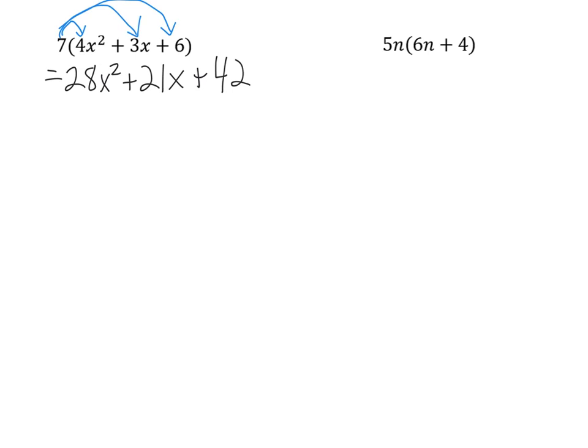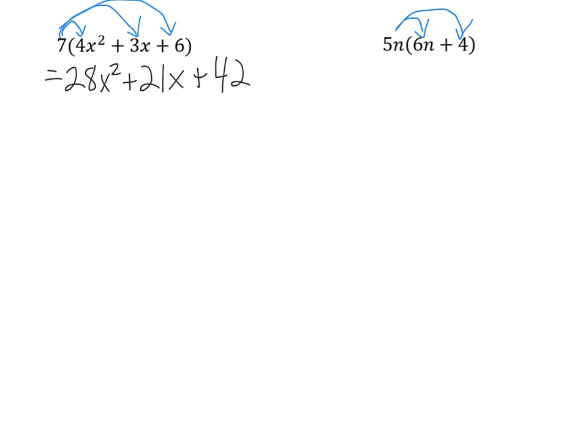Alright, so let's work on the next one here. We have 5n bracket 6n plus 4. Again, I'm going to be using the distributive property here, and I'm going to be multiplying 5n times 6n, and I'm going to be multiplying 5n times 4. So in this case, I have a coefficient and a variable that I'm multiplying.